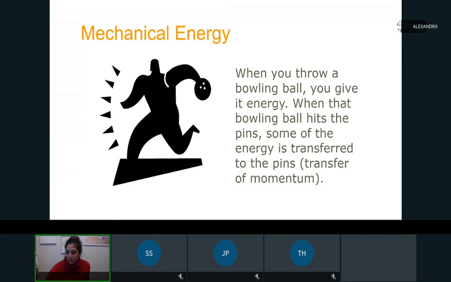Julie's already named 2. Heat, mechanical, what else? Nuclear. Great. Nuclear energy is one of them. Awesome. So that's 3. We're missing 2 more. We've got nuclear, mechanical, thermal, or heat. We also have, what are the last 2?